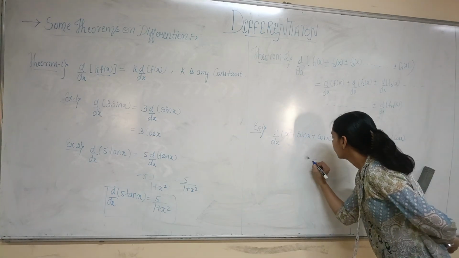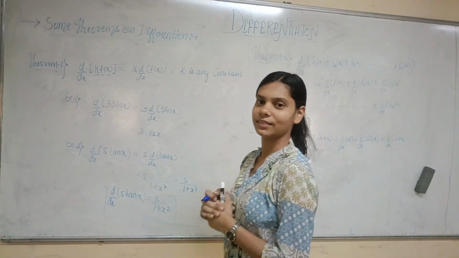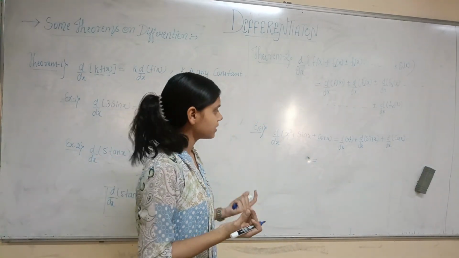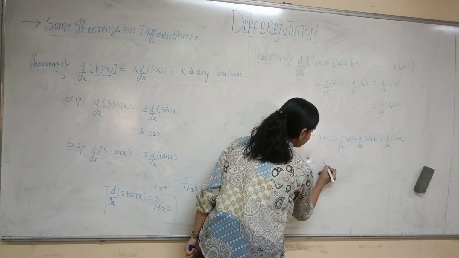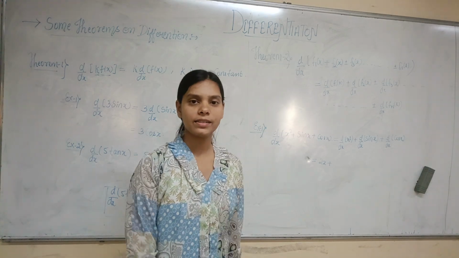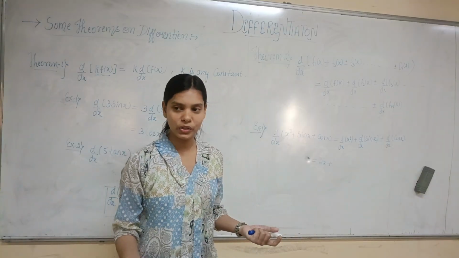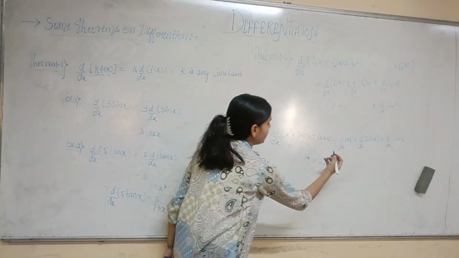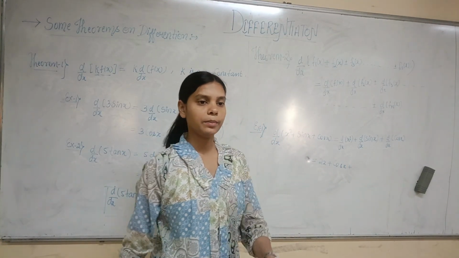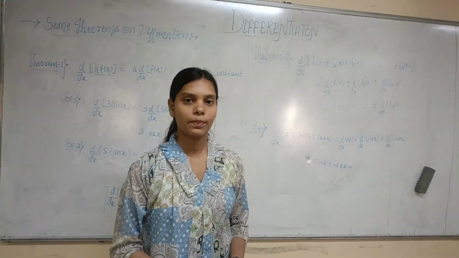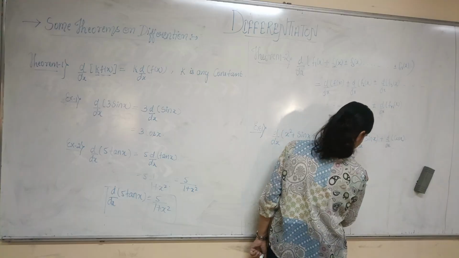Now, what is the differentiation of x square? Exactly, it is very simple, 2x. So we write 2x plus, what is the differentiation of sin x? Exactly, cos x. So we write cos x. Now, what is the differentiation of cos x? Exactly, minus sin x.